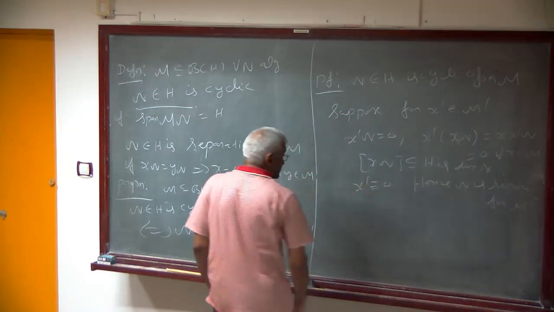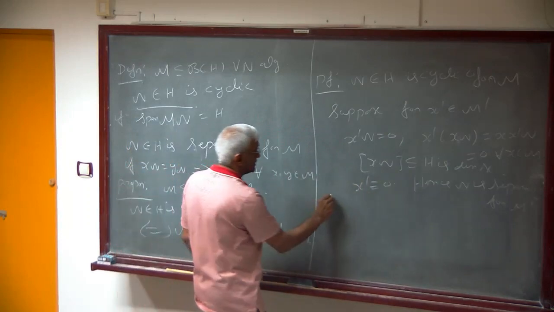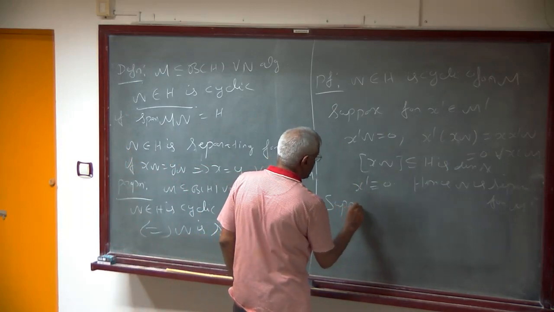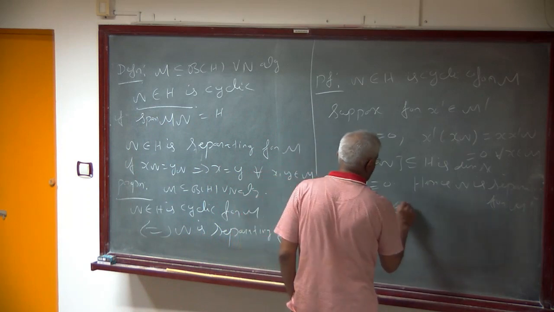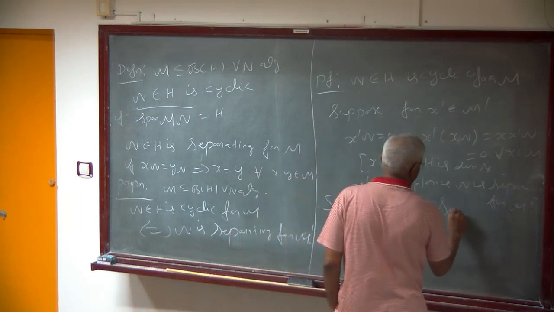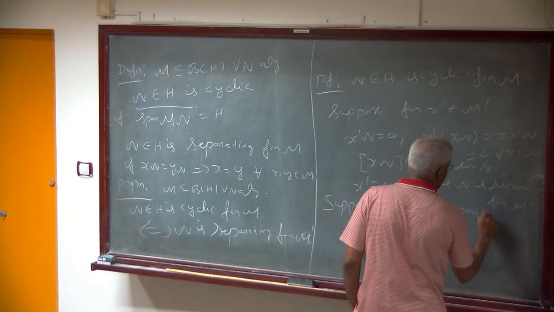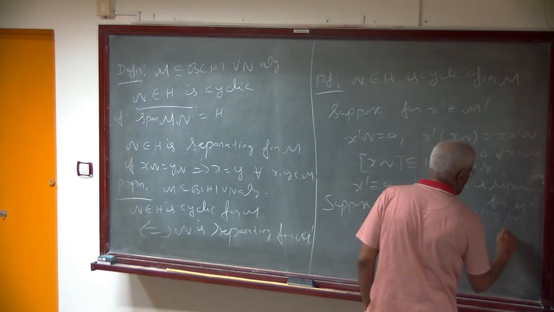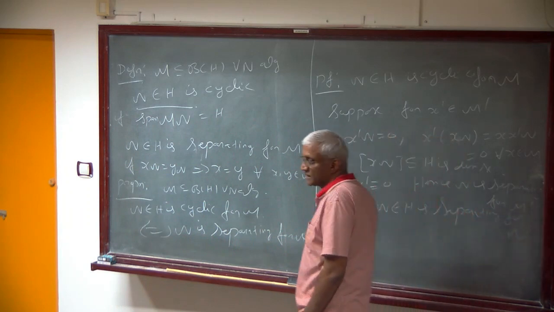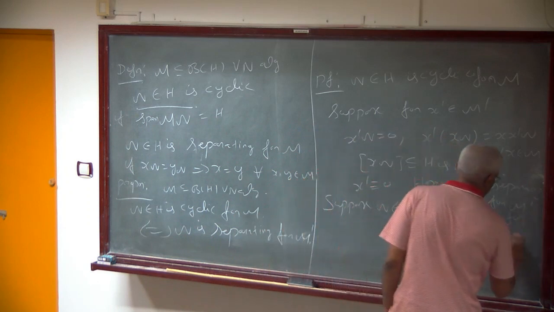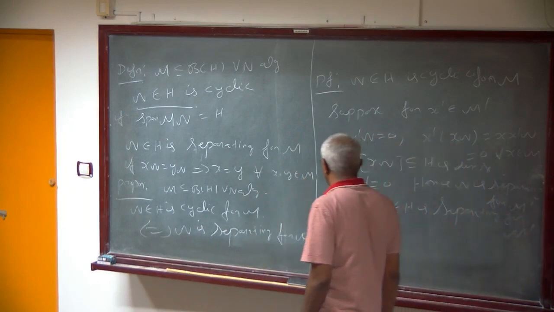Okay, now the other way. So this is easy. Suppose omega in H is separating for M prime.